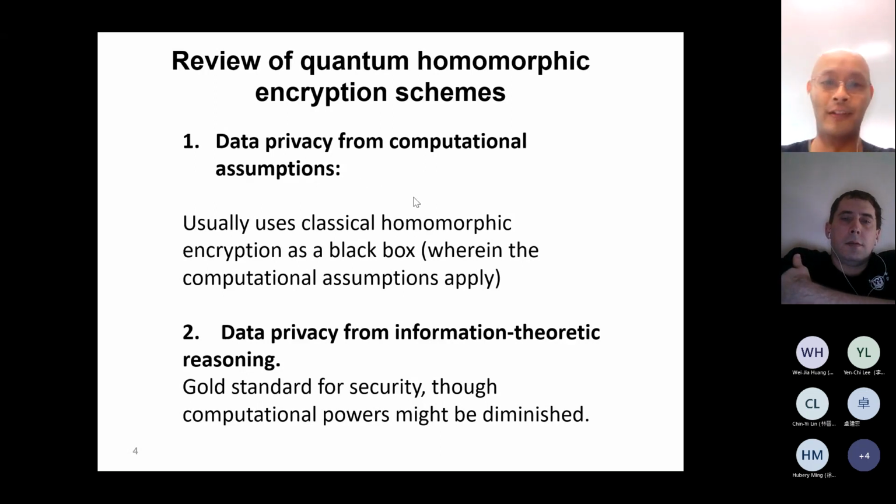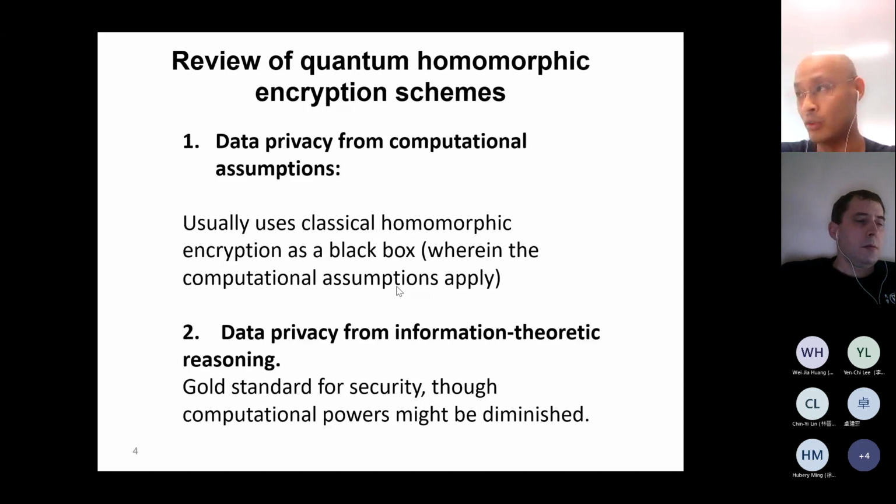But the stronger form of security is from information-theoretic reasoning. Basically, you don't want to assume that some computational task is hard. You just want it to be information-theoretically secure. The problem with this, of course, although it's a gold standard, is that you're asking for a lot, so perhaps the computational tasks that you can do with information-theoretic security will be fewer than with computational hardness assumptions.